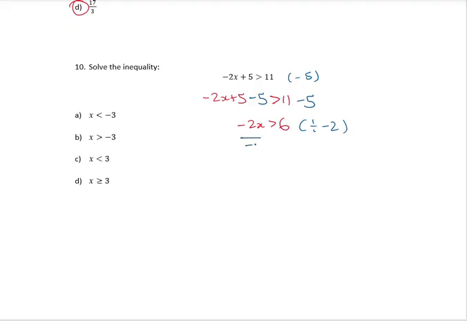Now remember, when we divide by a negative number, be careful, the sign switches, okay? Okay, so x is less than negative 3, okay? So that means it's A.